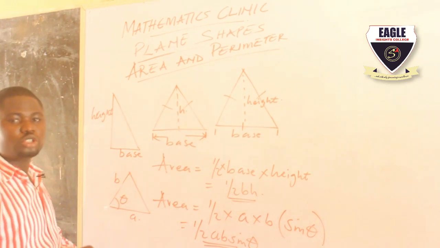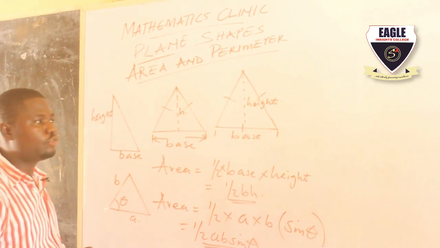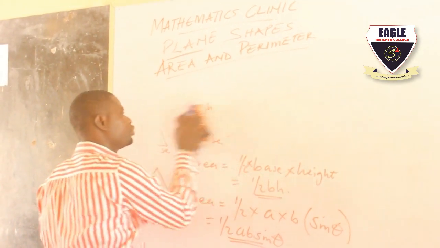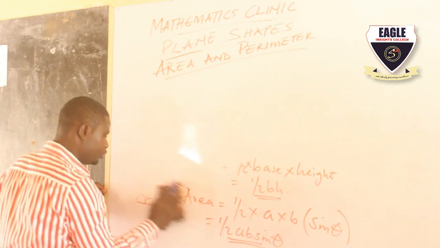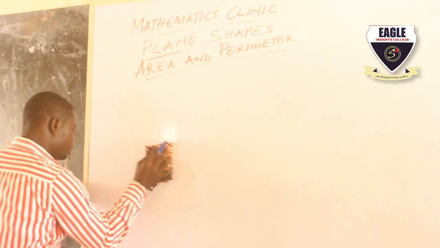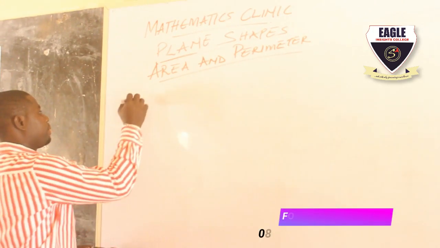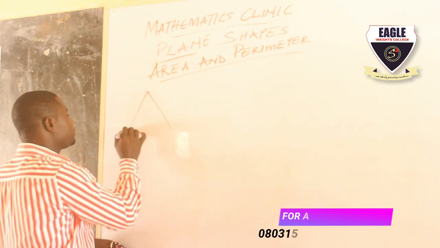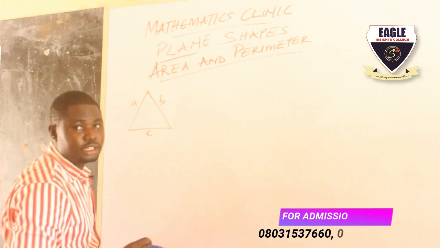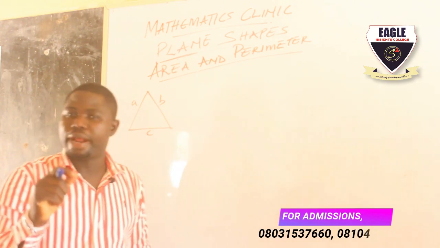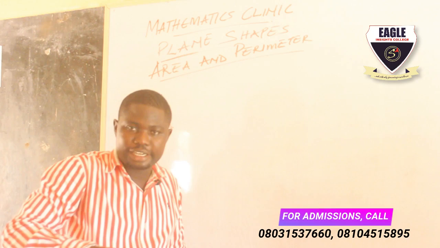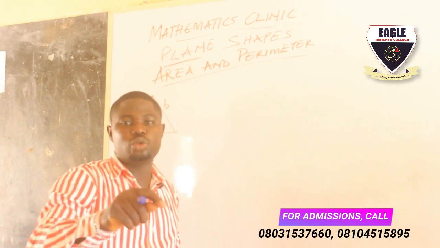Now quickly, let us look at the perimeter of the triangle. If I have this triangle with sides A, B, and I call this C, don't forget that we said the perimeter is the addition, the sum of all the sides that surround a particular shape.